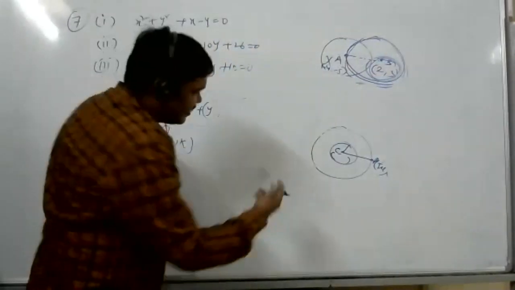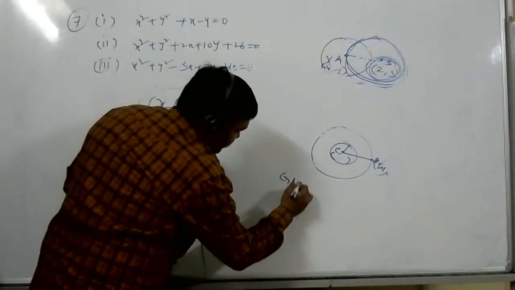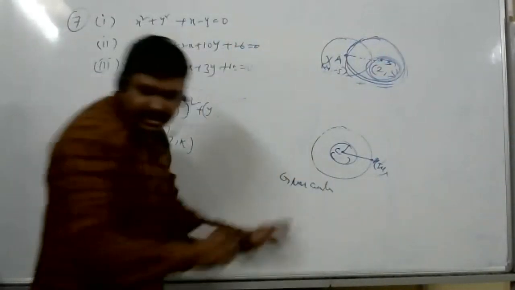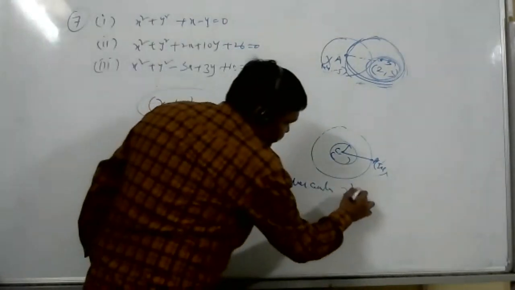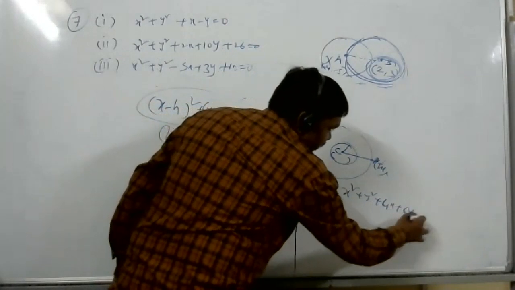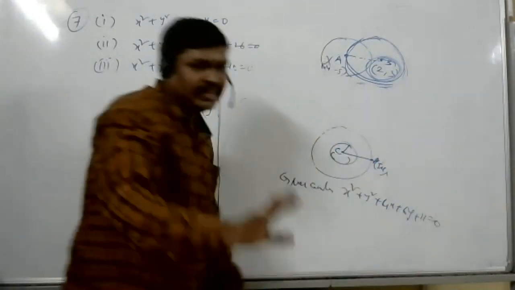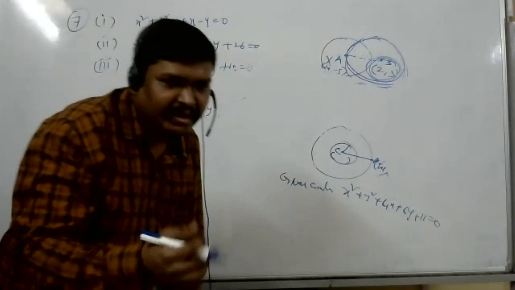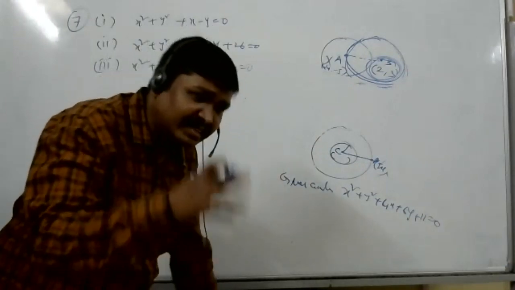See, suppose the given circle, that problem only I will explain: x square plus y square plus 4x plus 6y plus 11 is equal to 0. What is the formula statement? Two concentric circles differ by the constant.